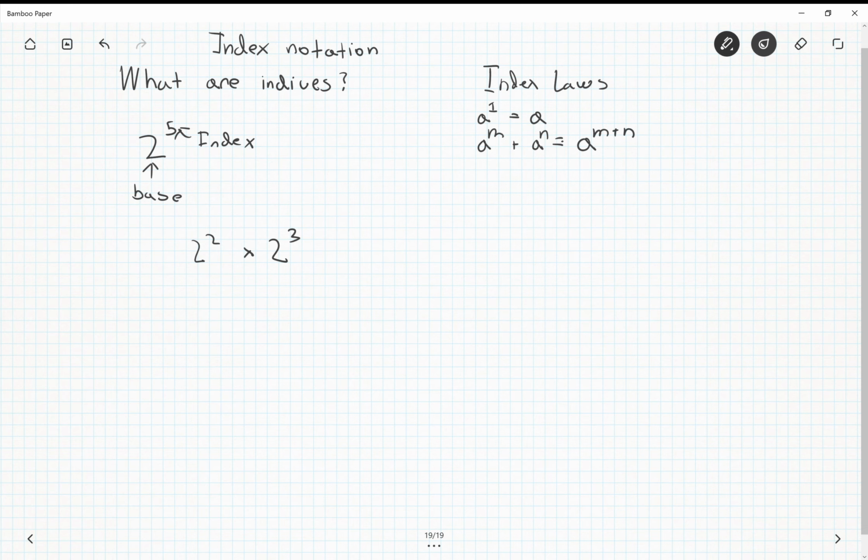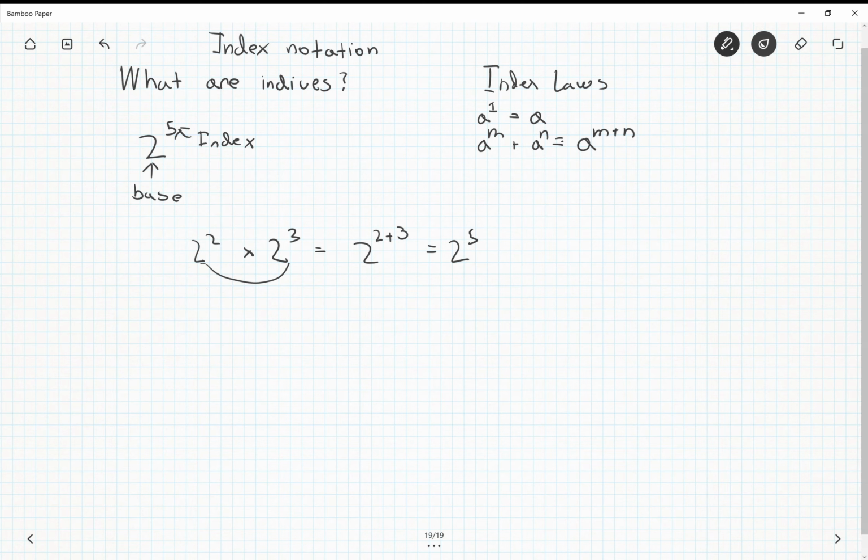Whenever we have the same base being multiplied, we add the two indexes. The base stays the same, but we add the two indexes, so it would be 2 plus 3. That would equal 2 to the power 5, and then we can evaluate from there. So that's another index law.